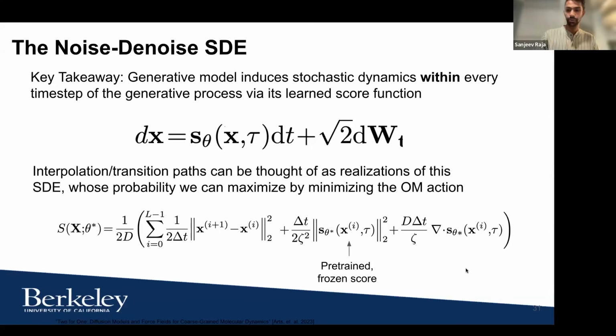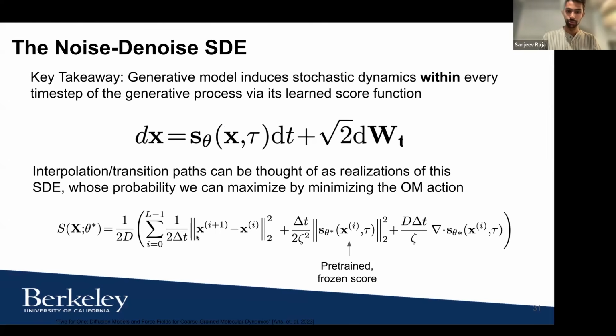And intuitively, you can think of these physical constants as controlling the relative contributions of these terms. So for example, if you want to do transition path sampling at a large delta t, then this path term is downweighted, because at large delta t's, larger pairwise distances are permissible.